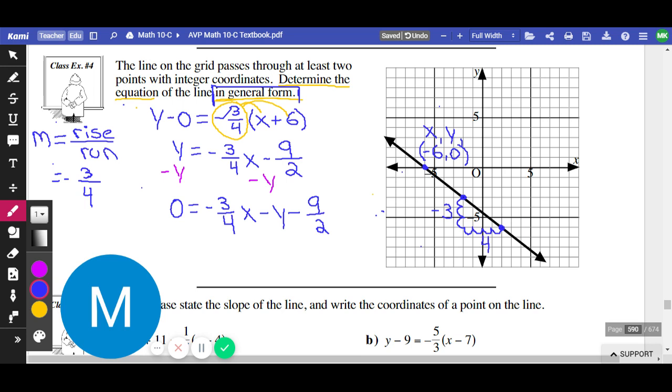Once in general form, we must follow our general form rules, what we talked about at the start of class. First rule, the A value, the number in front of x, has to be positive. Currently, we're breaking that rule. Second rule, no fractions or decimals. I like to leave it as a fraction because then it's really easy to know what to multiply by to get rid of the fraction. If you put it as a decimal, it's a little bit tricky.